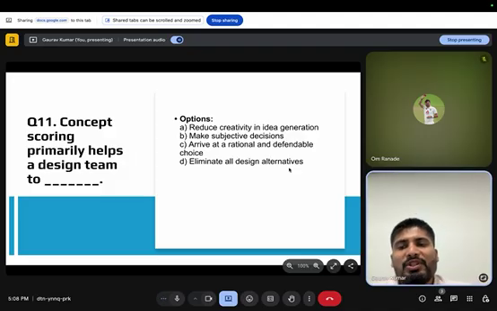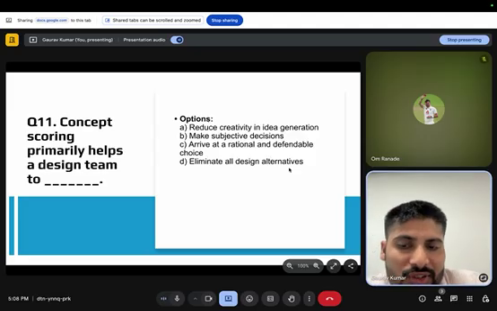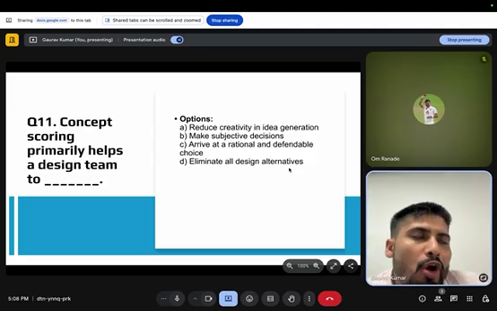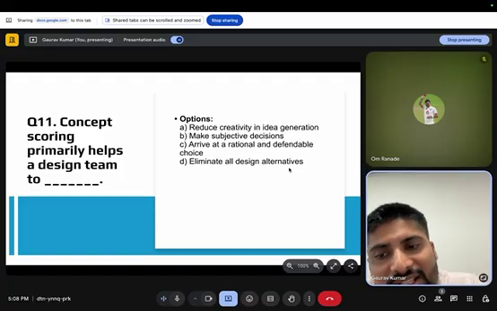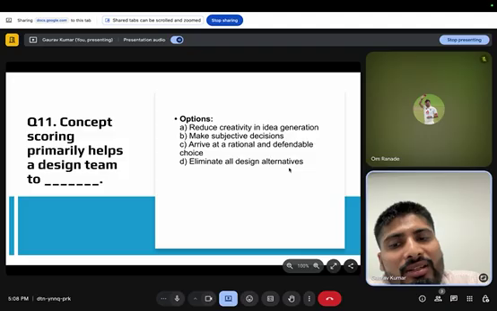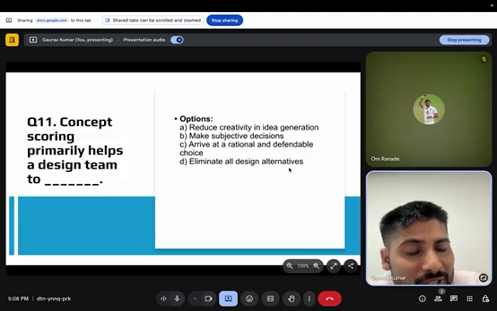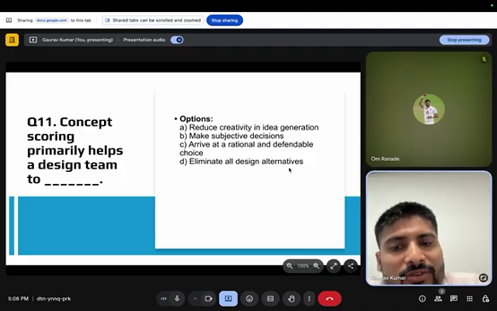So concept scoring's strength lies in rationality, and it provides a common language for designers, engineers, and managers to discuss trade-offs objectively. It also records why a specific choice was made, forming the foundation of design rationale for future projects.